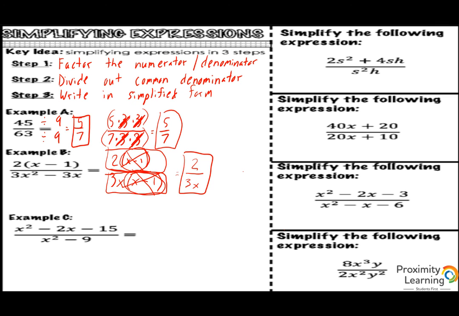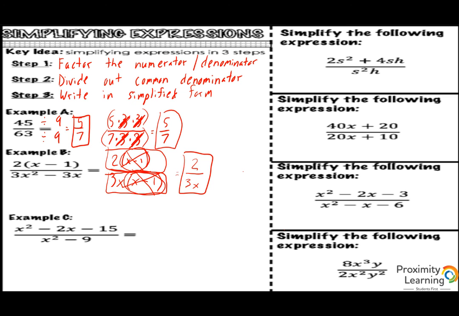Okay. Now, that's for if you have two binomials. Now let's say we have a trinomial on top and a binomial on the bottom. All right. We're going to factor both out. We're going to divide out the common factor. All right. And then we're just going to rewrite it in simplified form.